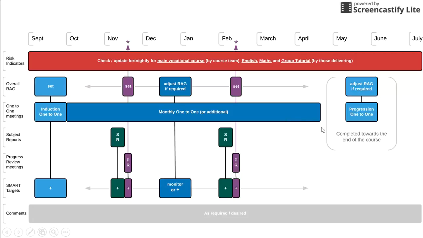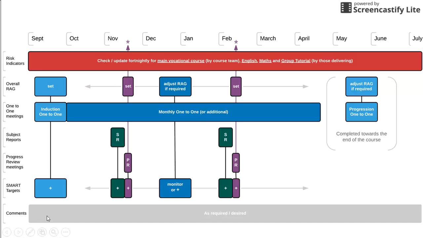And then as you get to the end of the course, there's a final one-to-one, which is called the progression one-to-one, and you can of course adjust the overall RAG rating at that point as well. SMART targets can be set at any point, but there is a way to set them from within things like the induction, the one-to-ones, subject reports and progress reviews, or you might decide to set an ad hoc SMART target. You can do that as well.